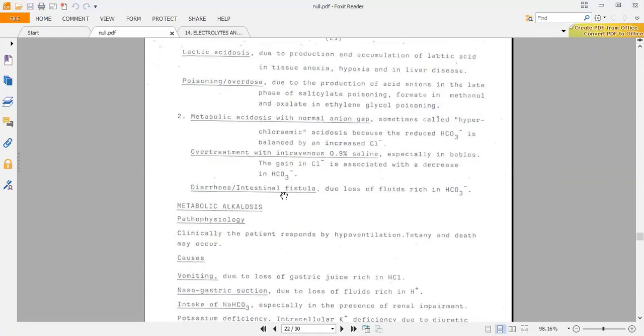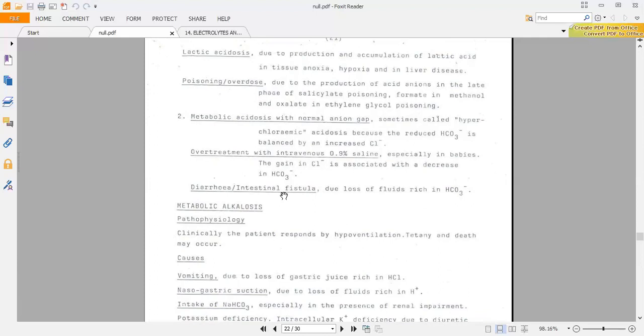Remember this principle. If I vomit, I lose H plus and chlorine, because the stomach produces HCl, but the intestinal fluids consist of bicarbonate, because the bicarbonate is produced by the pancreas into the duodenum.